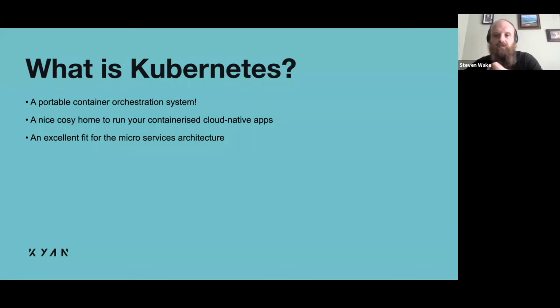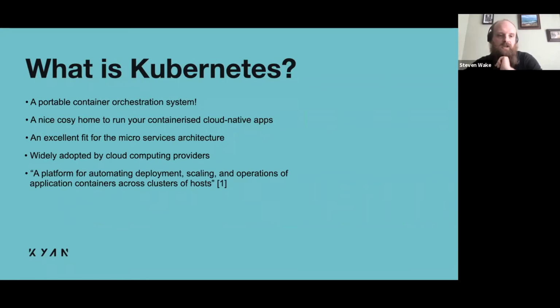It allows you to grow and shrink your resources as you require them, and it allows you to do lots of cool things. It's widely adopted by cloud computing providers. So because it's portable, you can write Kubernetes to run in any location.